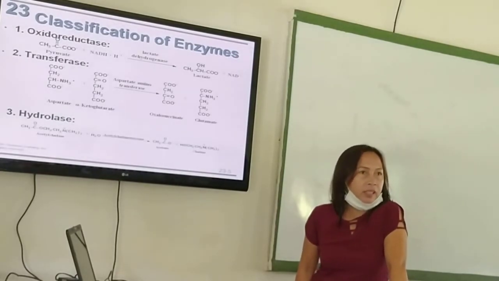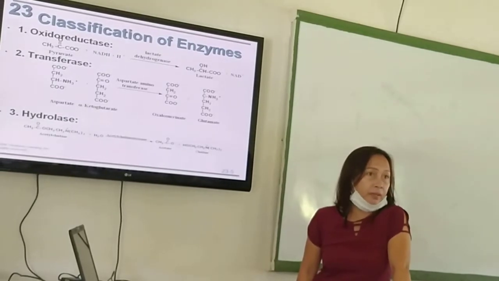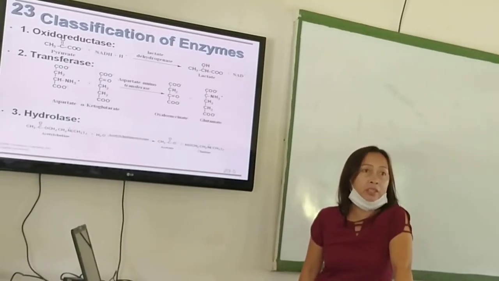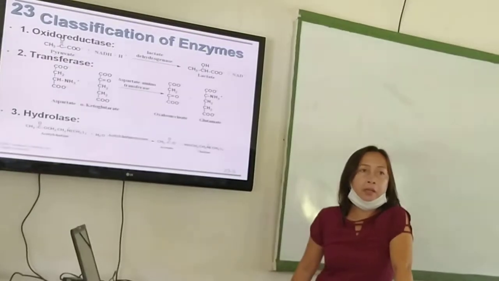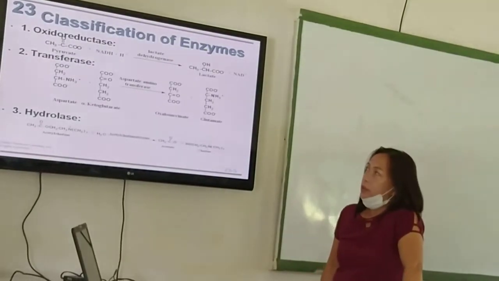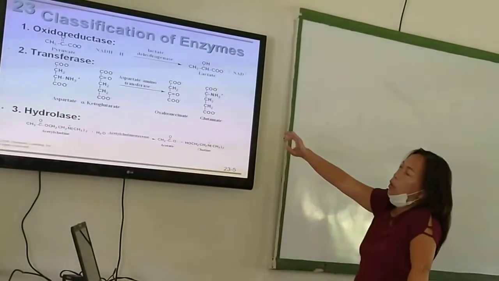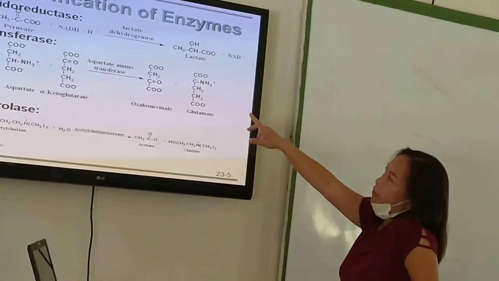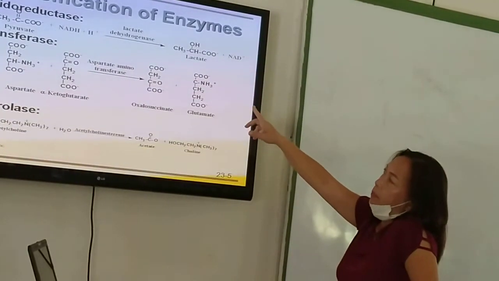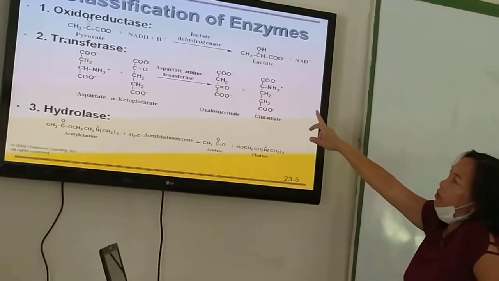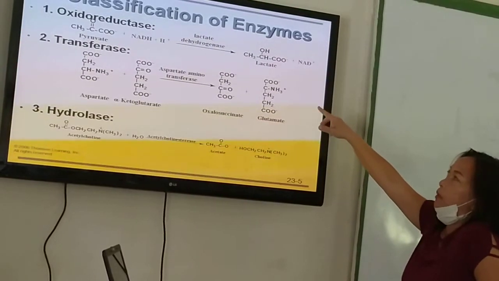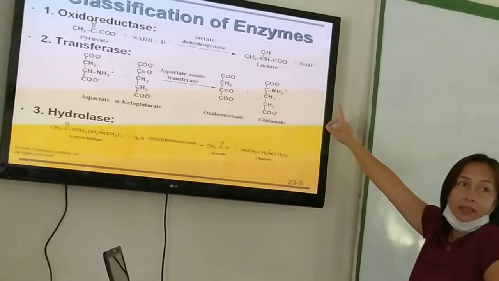And glycolysis is the process of breaking down carbohydrates to produce the pyruvate molecule. It's a 3-carbon compound. Okay? So, when pyruvate is acted upon by lactate dehydrogenase, it produces lactate or lactic acid.